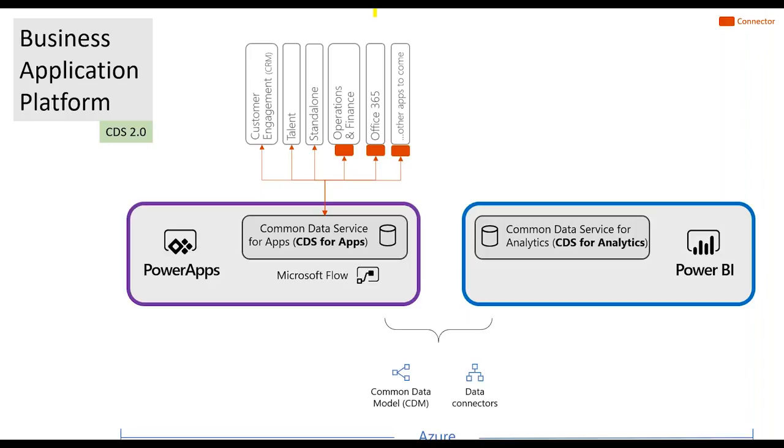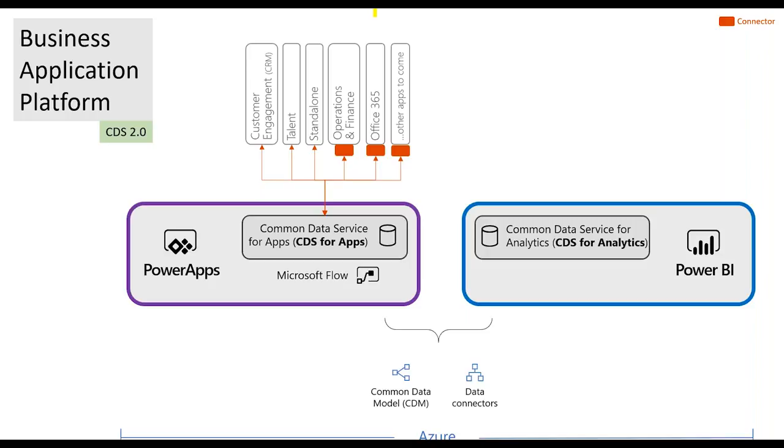And then CDS for analytics, the function there is twofold. Number one, it's the thing that takes that data from CDS for apps, and it produces some analytics. It produces analytics that you can then build dashboards and build insight that then appears within the apps themselves.